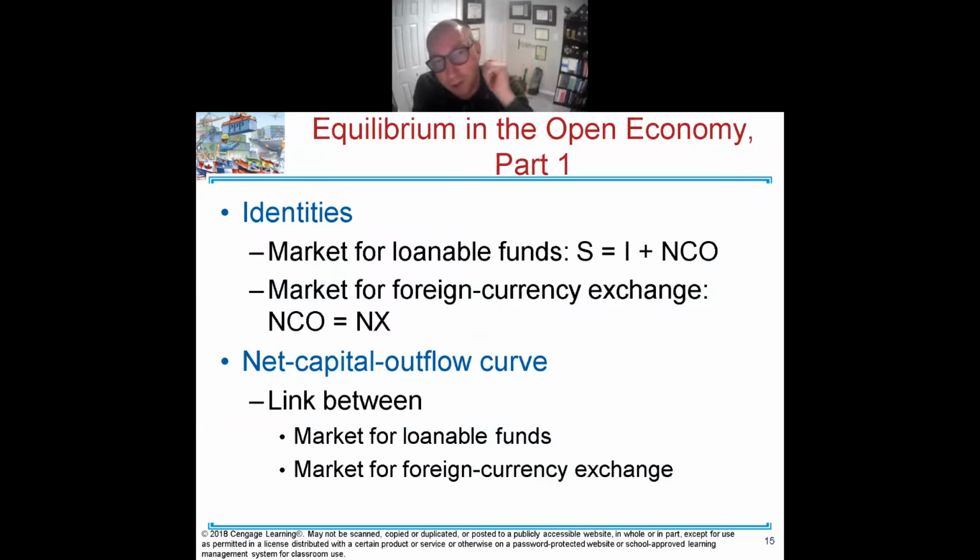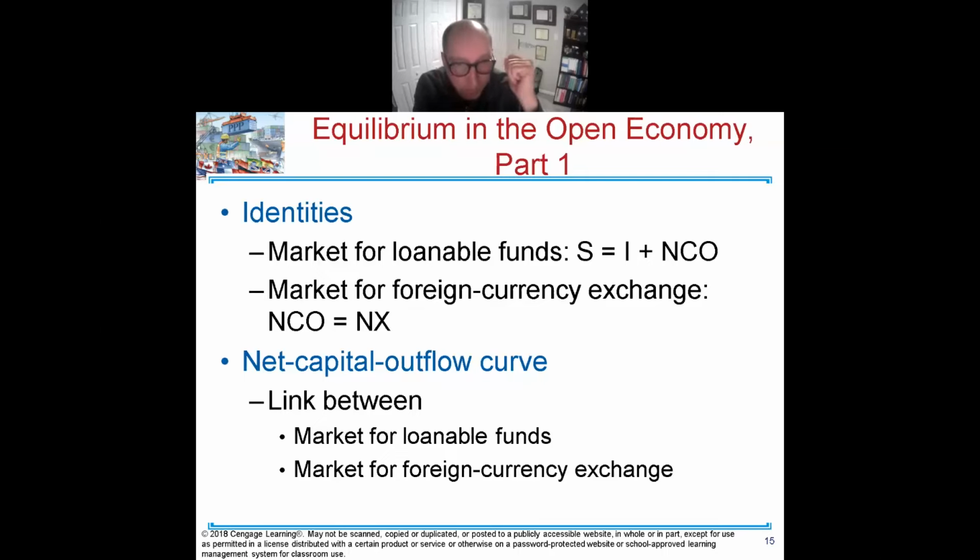Equilibrium helps to identify the market for loanable funds. Savings equals investment plus net capital outflow. Equilibrium also helps to identify the market for foreign currency exchange, where net capital outflow equals net exports.